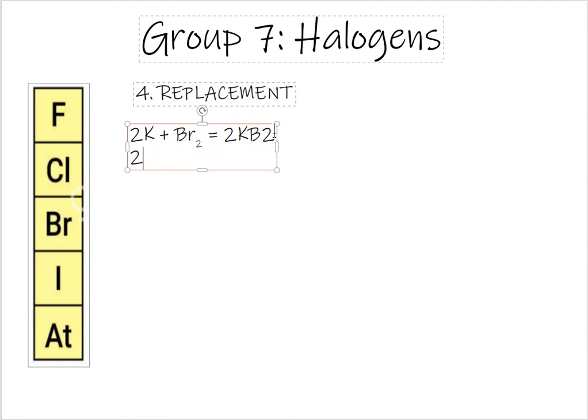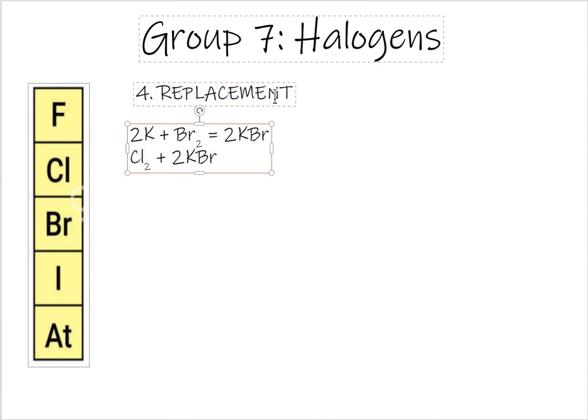So we get 2KBr, right? Why is it 2KBr? And this time we added chlorine. And it's Cl2 actually. And then what do we get? You might say, well, it's already an ionic compound, so it'll just remain the same, it will not change anything.